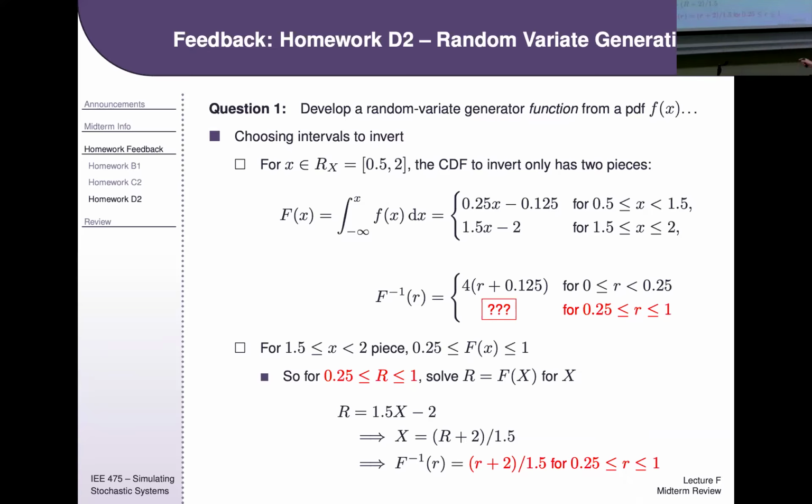Likewise, I got a question about this over email. If there's a less than here and a less than or equal to in the part that you're not inverting, how do I deal with that? Because the flat portion seems to have an outcome.